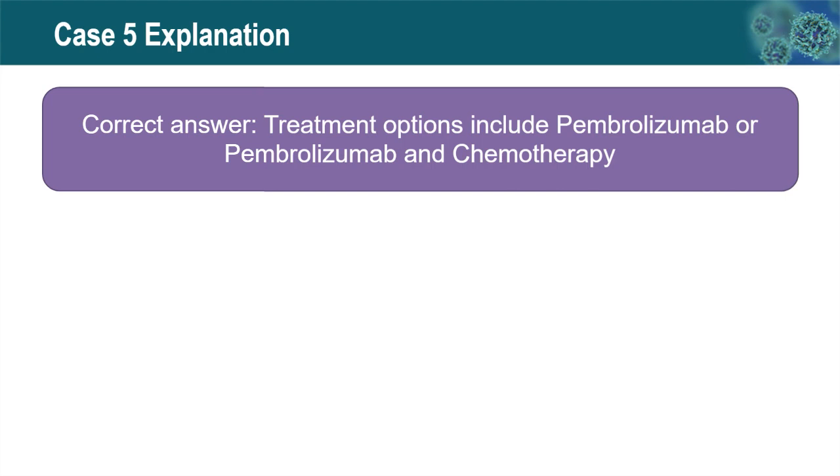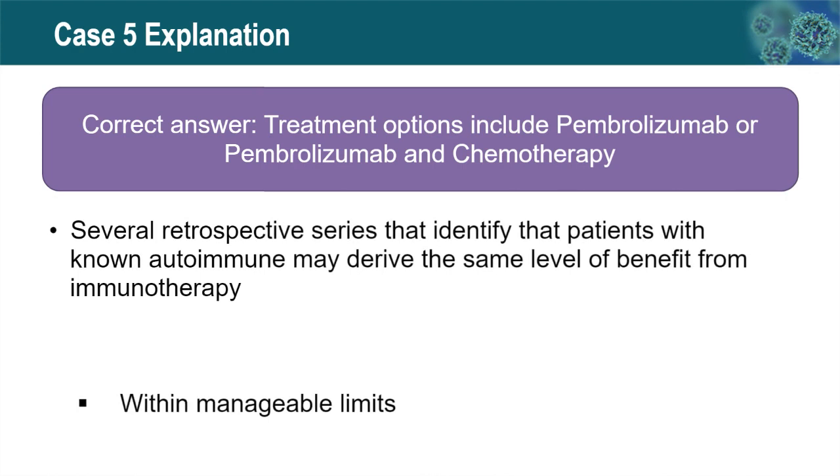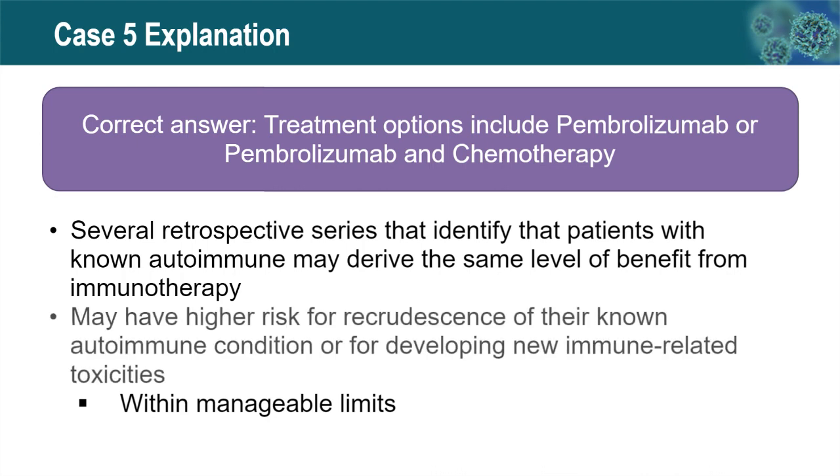While many of these patients may have been excluded from entry into clinical trials for immunotherapy agents, there are several retrospective series that identify that patients with known autoimmune conditions may derive the same level of benefit from immunotherapy, and while they may have a higher risk for experiencing recrudescence of their known autoimmune condition or develop new immune-related toxicities, these are within manageable limits.